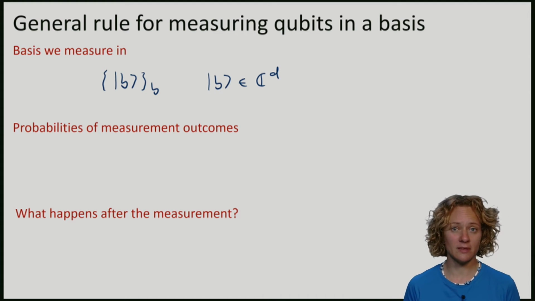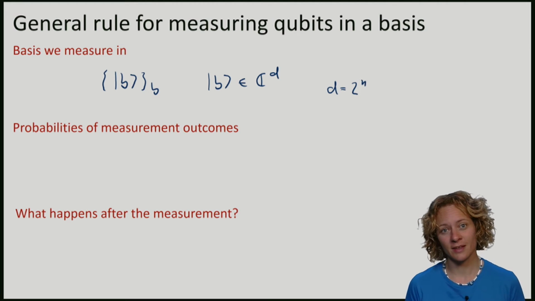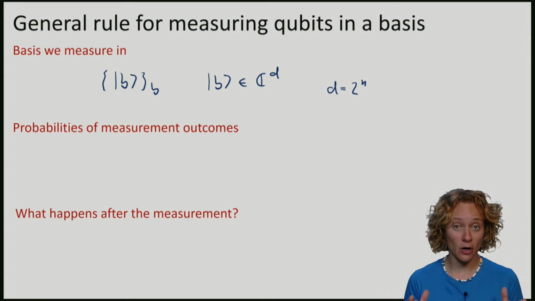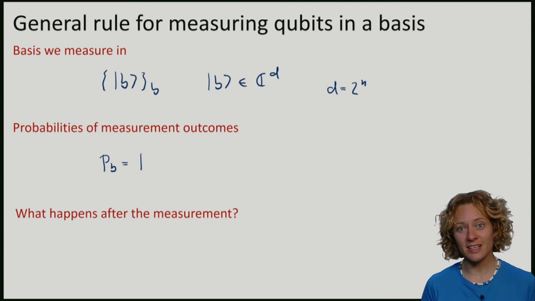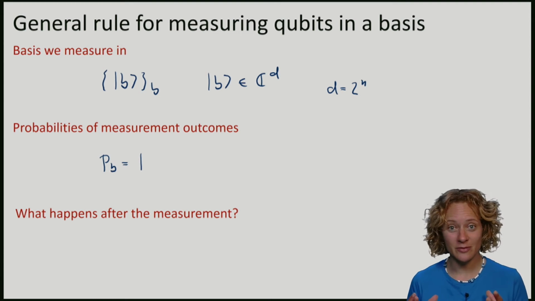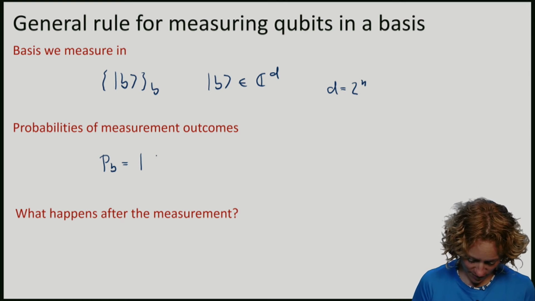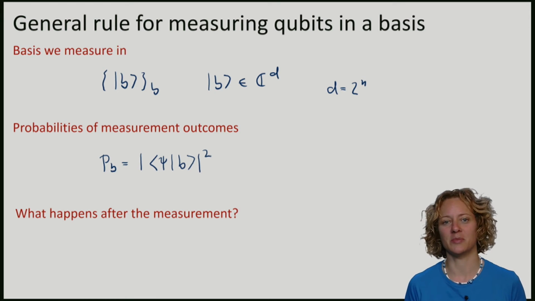Remember that for n qubits, the dimension would be 2 to the n. Then the probabilities of measurement outcomes, the probability of outcome B, is given by the inner product between the state that we want to measure and the basis element B. So if I want to measure the state psi, then the probability of getting outcome B is given by the inner product between psi and B.